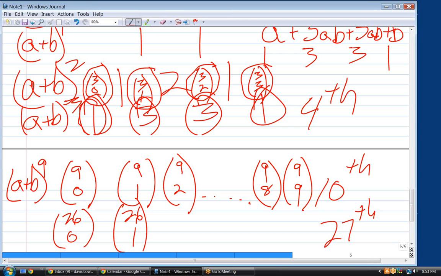The fourth row was an exponent of 3, so the 10th row has an exponent of 9. The 27th row is an exponent of 26. So it is 26 choose 0, 26 choose 1, all the way up to 26 choose 26. There are 27 numbers in that 27th row, just like the fourth row had 4 numbers. And the third row had 3.